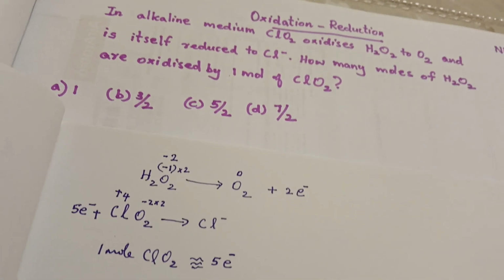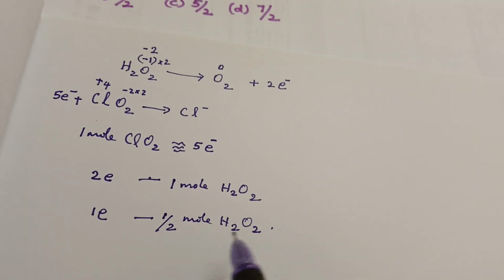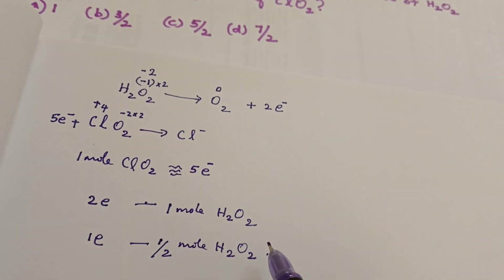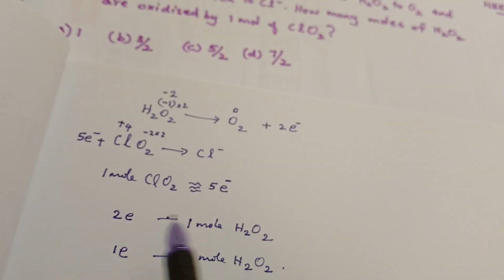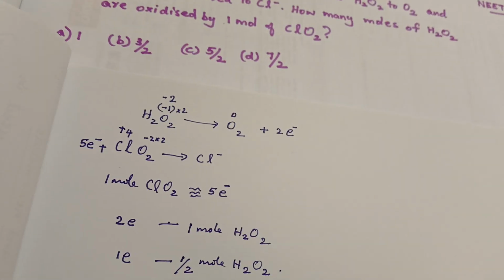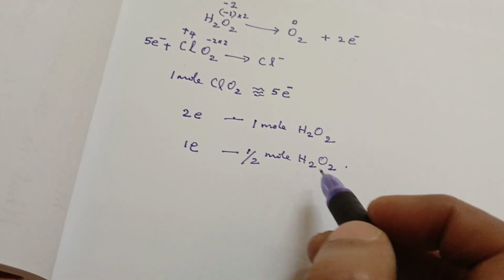So how much H2O2 can be oxidized if 5 electrons are involved, or 1 mole of ClO2 is involved? For 1 electron it is half a mole.